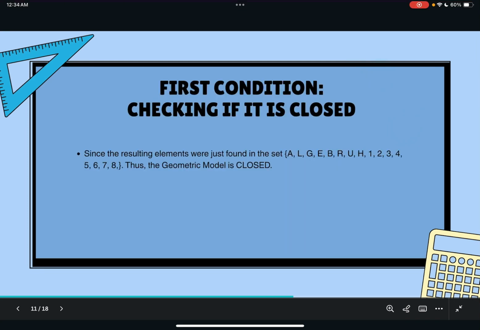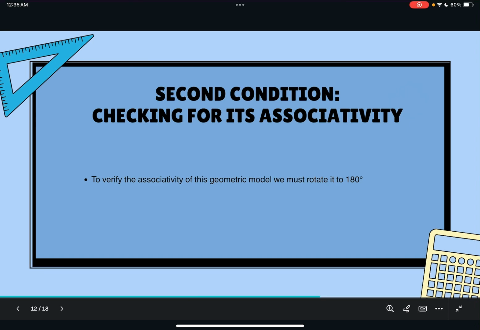First condition, checking if it is closed. Since the resulting elements were just found in the set A, L, G, E, B, R, U, H, 1, 2, 3, 4, 5, 6, 7, and 8, thus the geometric model is closed. Second condition, checking for its associativity.